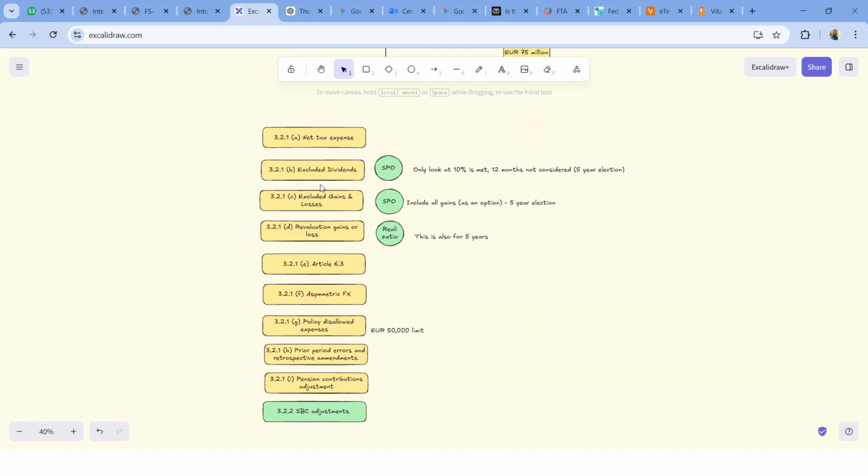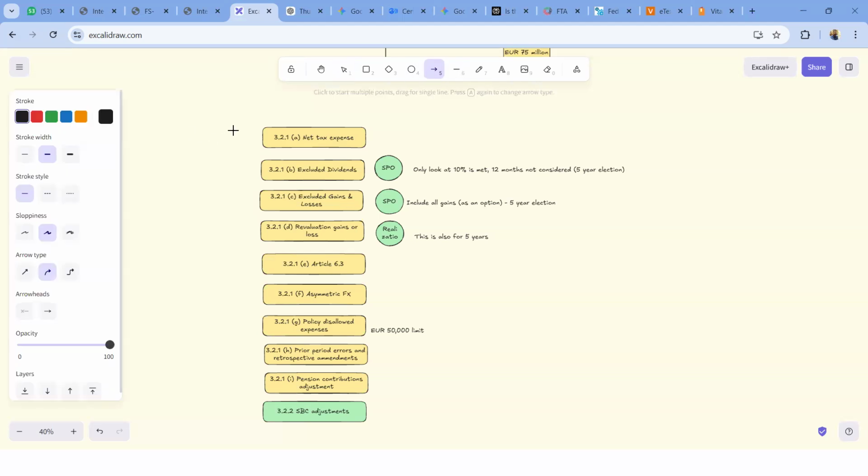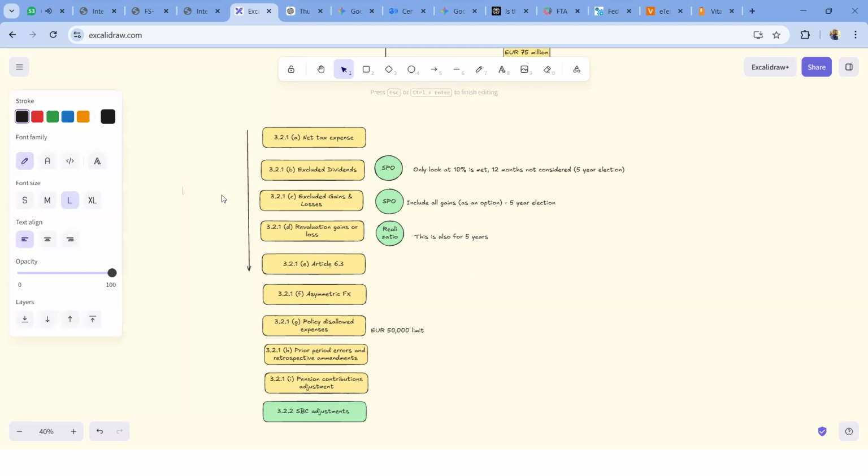If I can tag them in boxes, from 3.2.1, the first five are what CT has. Even if revaluation gains and losses are not added back, I can say that the realization option is there. So all these I will treat as CT adjustments.